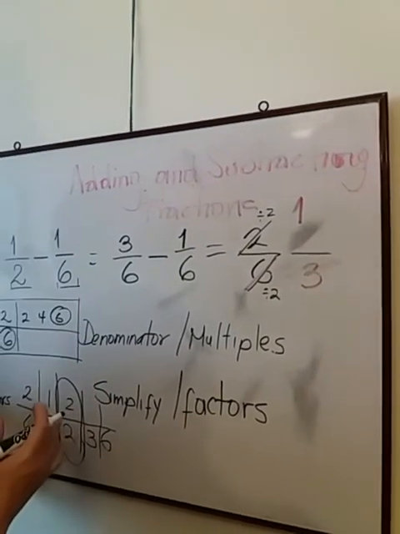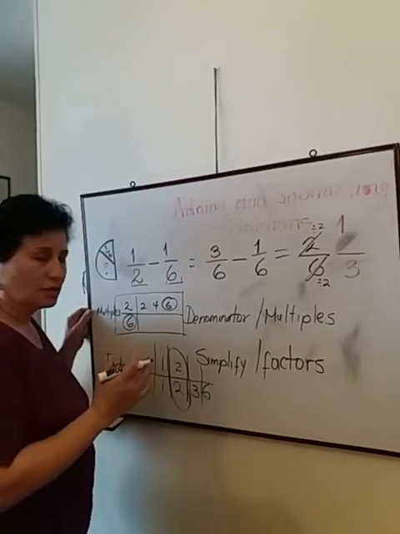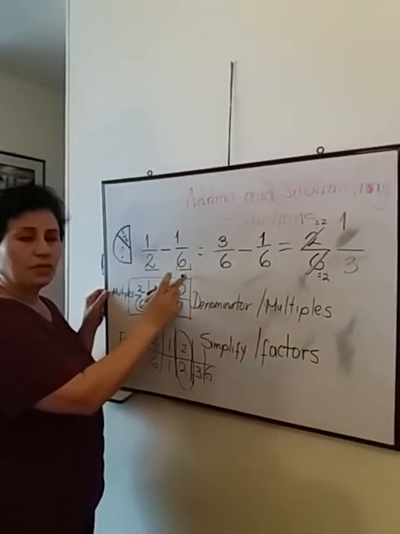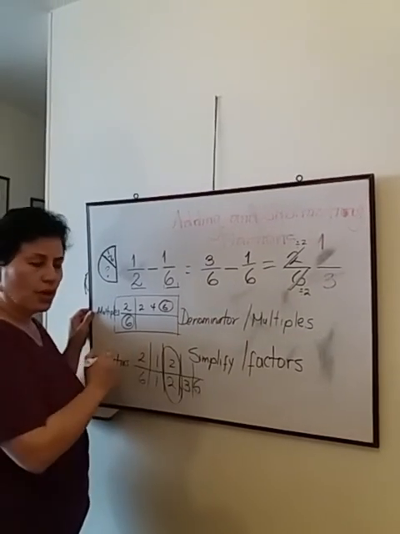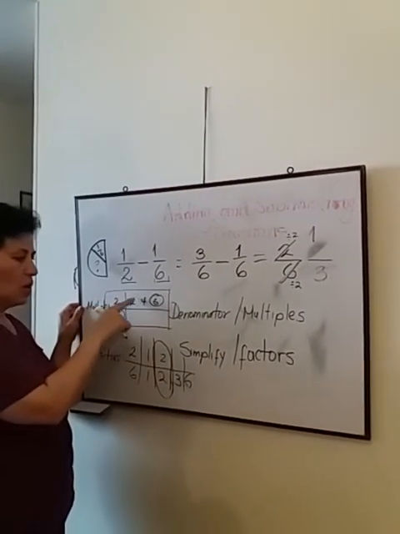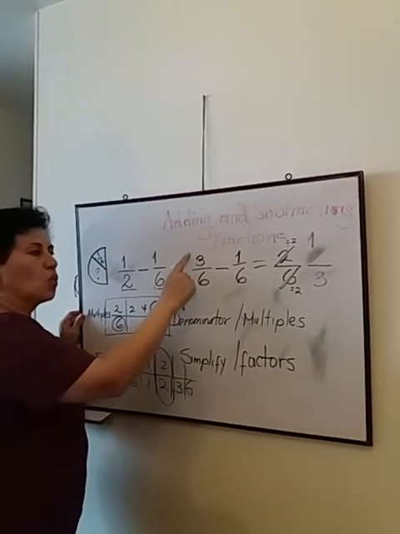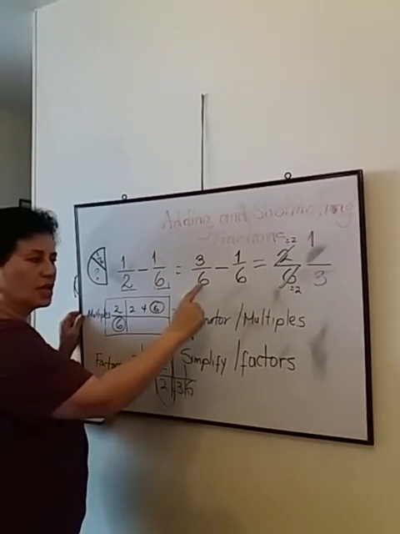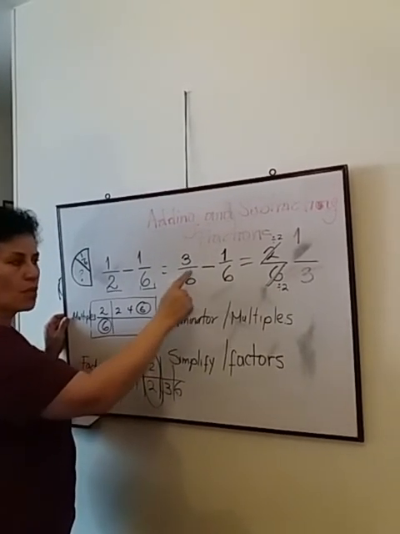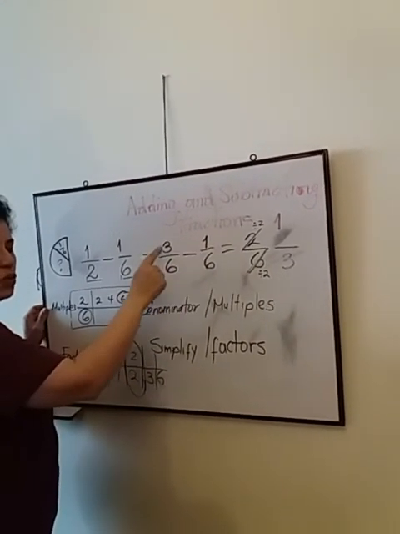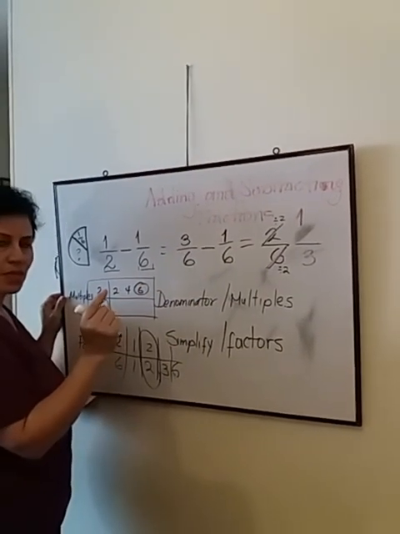So let's go back. To subtract fractions with different denominators, first find the common denominator by finding the common multiple. Second, once you convert the fractions into equivalent fractions with the same denominator, subtract the numerators and leave the denominator the same.